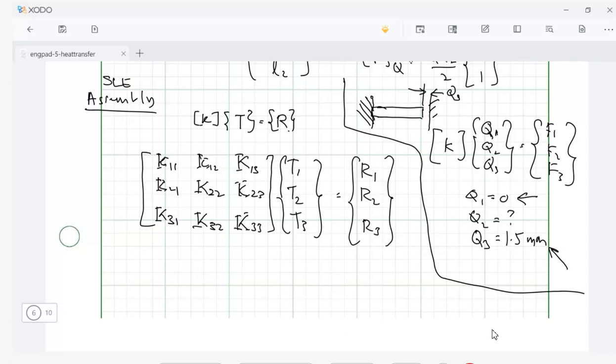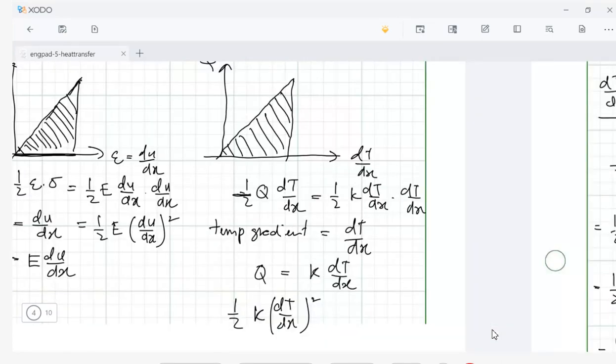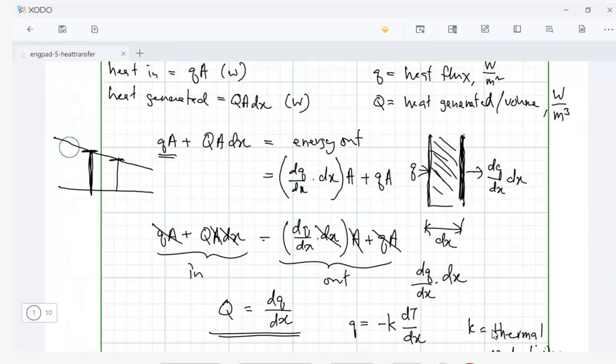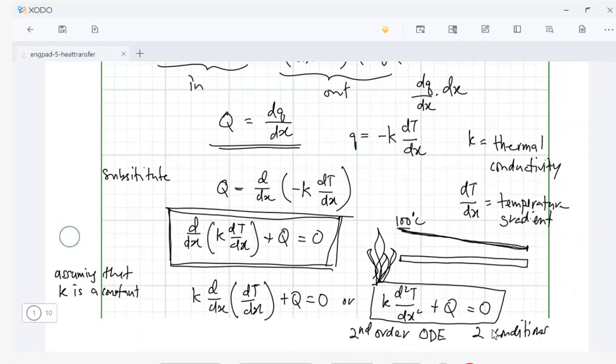But for heat transfer, note that when we derive this, we notice that the governing equation is a second order ODE, which requires two boundary conditions in order to solve.